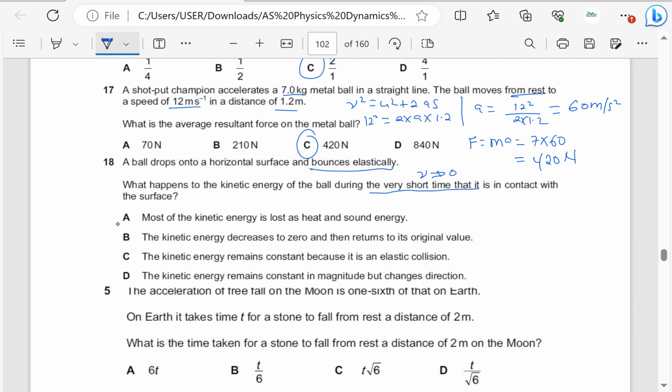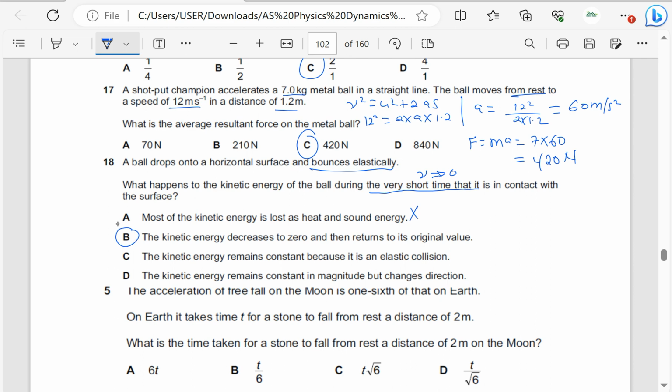Remember, it is elastic. The kinetic energy remains constant overall because it is an elastic collision. In that very short time, the velocity rapidly goes to 0 before it changes to another value.